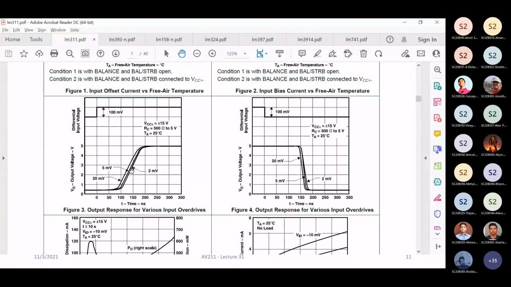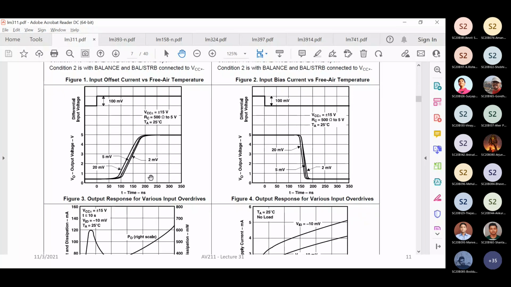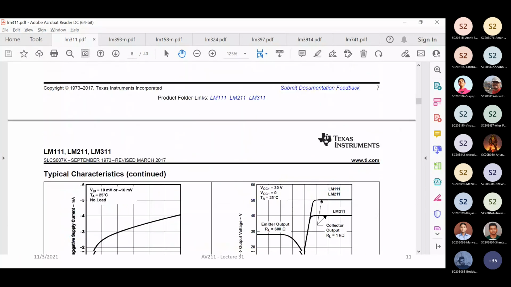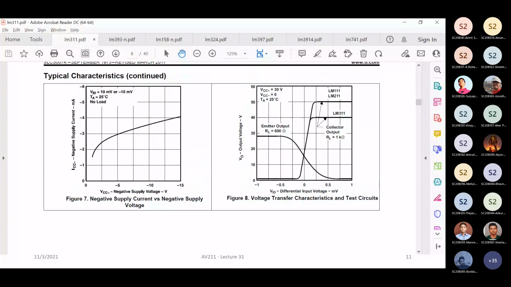If you give a 5 millivolt overdrive, it takes a certain amount of time. The higher the voltage you give, the faster it becomes, right? You can see the rise time and the fall time here. It's all in the order of some nanoseconds. You can go through this in detail to see how it is. So this is the voltage characteristics.